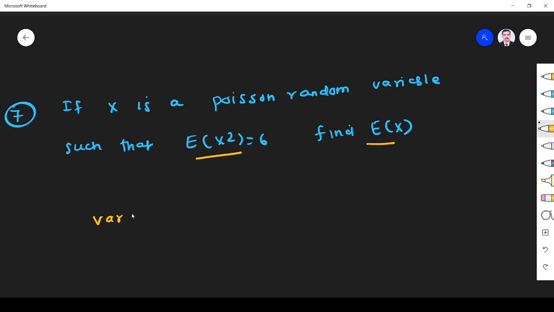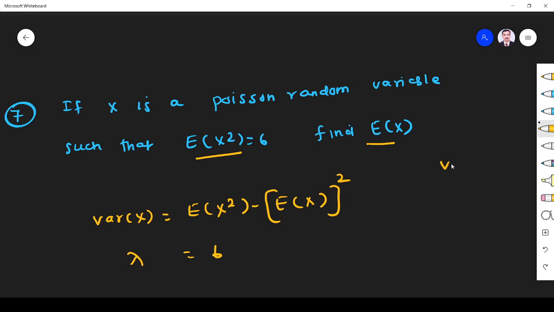We know variance of x is equal to e of x square minus e of x whole square. We know only e of x squared, which is 6. Let me assume e of x is equal to lambda. We know in Poisson, variance is equal to mean, so it is lambda.